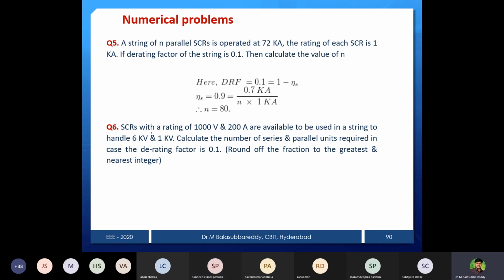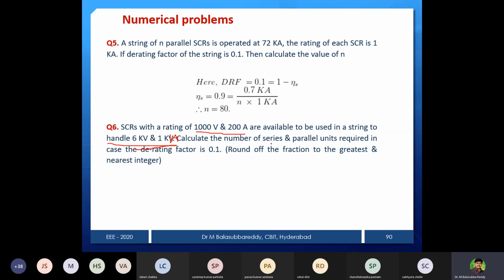Now you can see SCRs with rating 1000 volts and 200 amperes are available to be used in a string to handle 6 kV and 1 kA.